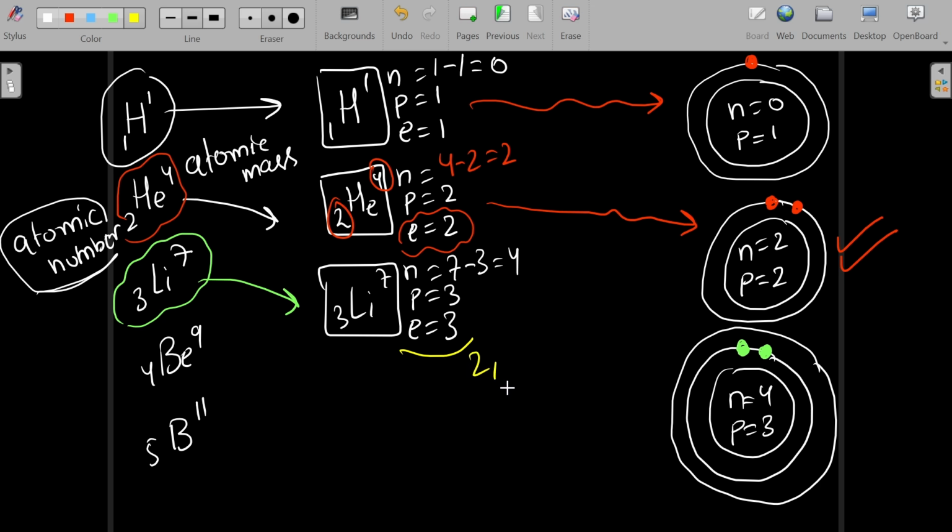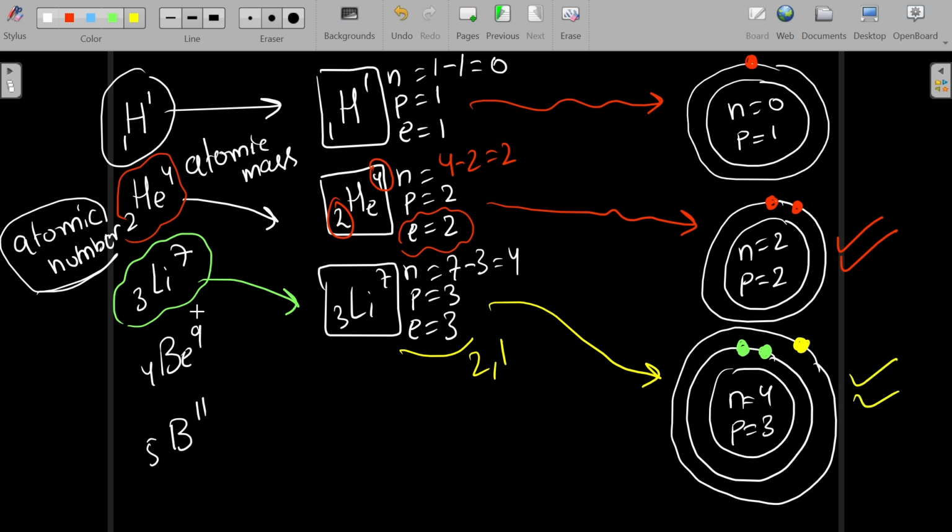So 2 of them got accommodated in the first shell, whereas the one which was left over was carried and accommodated in the second orbit or the second shell that you see over here, right? So this is the complete electronic configuration, the atomic structure for lithium. So I hope this is making sense, right?